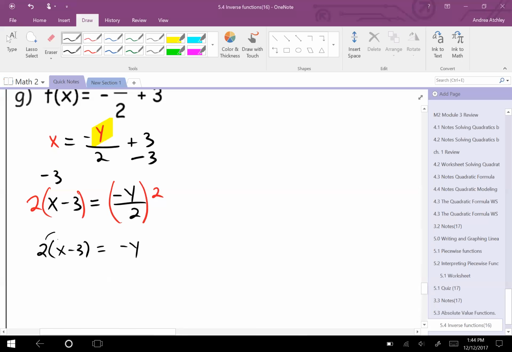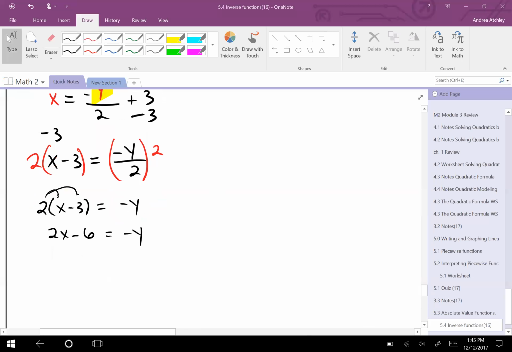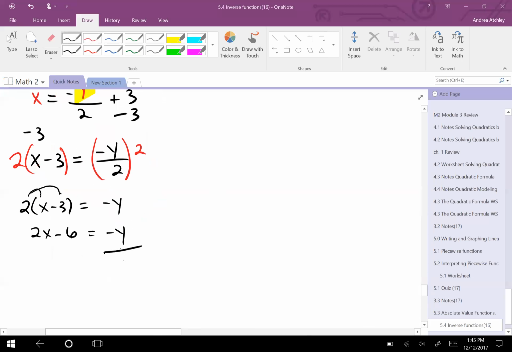I could distribute that and get 2x minus 6 equals negative y. Don't really want to have a negative y, so how do I get rid of negative y? It's being multiplied. Very good. I'm going to divide by negative 1, and I divide everything by negative 1.